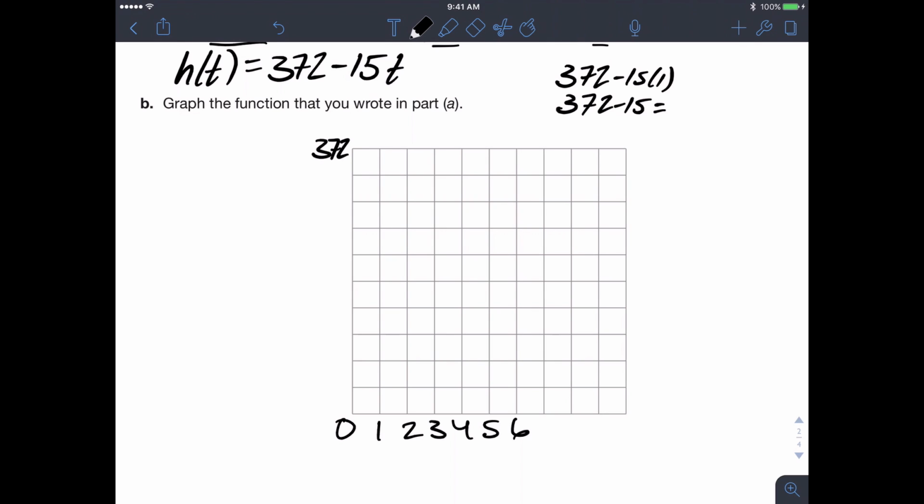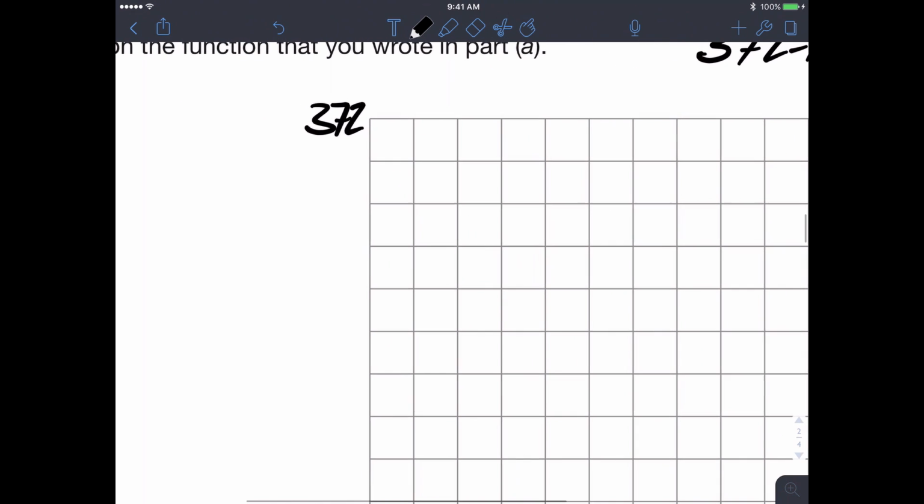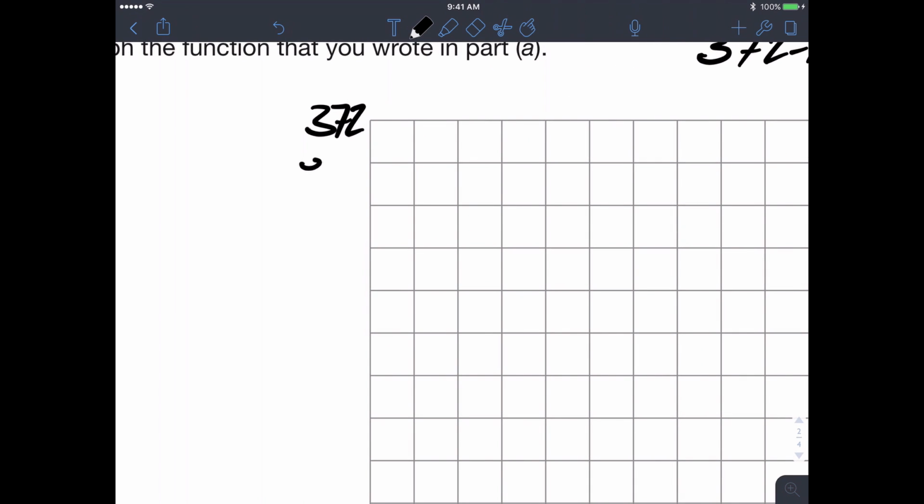Let me see, 372, 367, 357. So that would be right here. And 357 minus 15 is 342.